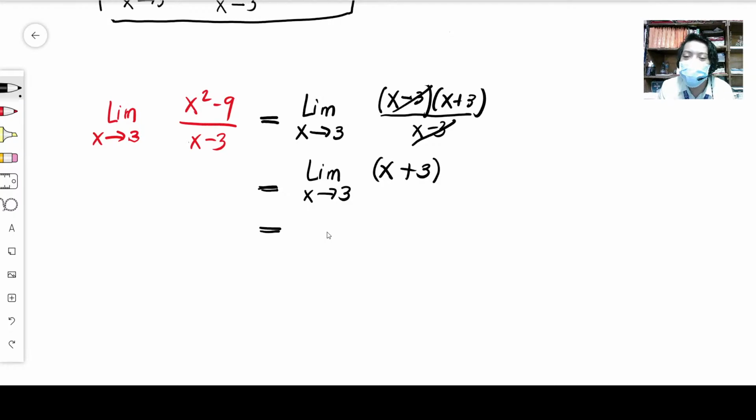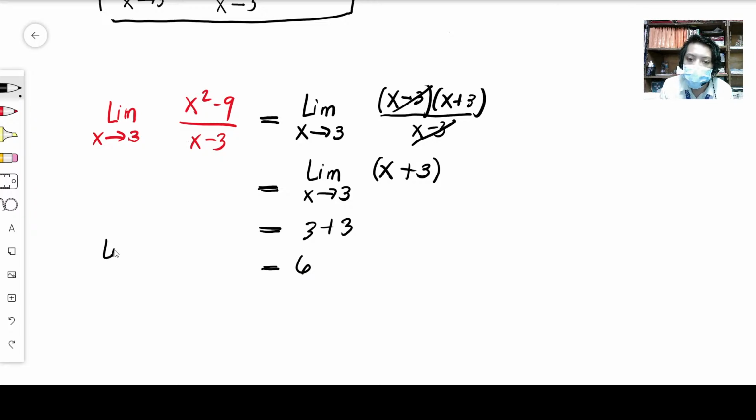So, we reduce it from a rational function to a polynomial function. You can directly substitute now. So this will be equal to 3 plus 3. We substitute the 3, that's why we have 3 plus 3. And this is equal to 6.